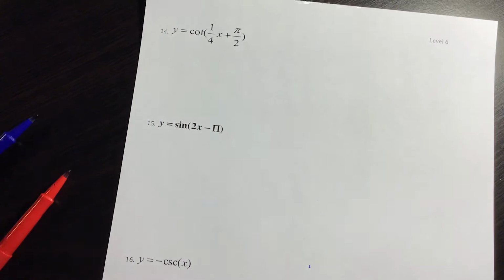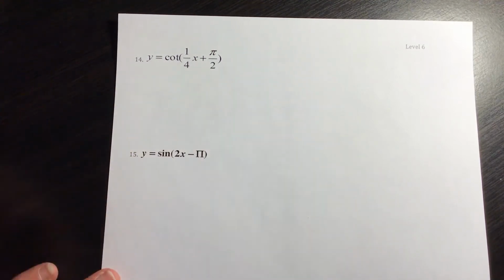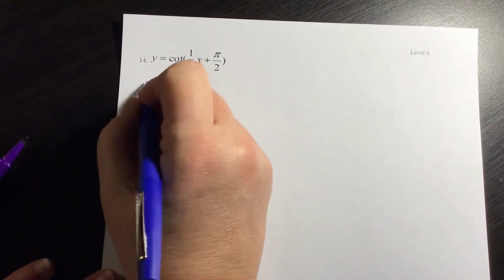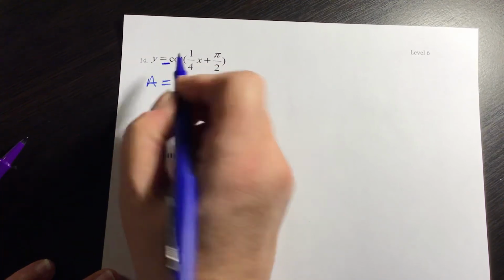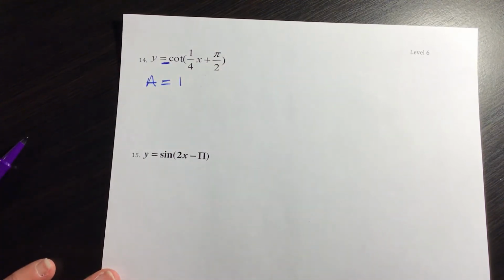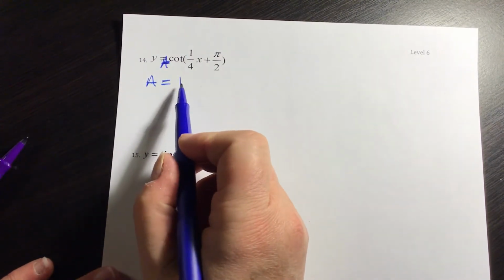All right, next one. I have cotangent. And this time I have a phase shift. All right, so let's start with our amplitude. Our amplitude is going to be 1 because there's no number out in front of cotangent. That's my A value, it's just 1.